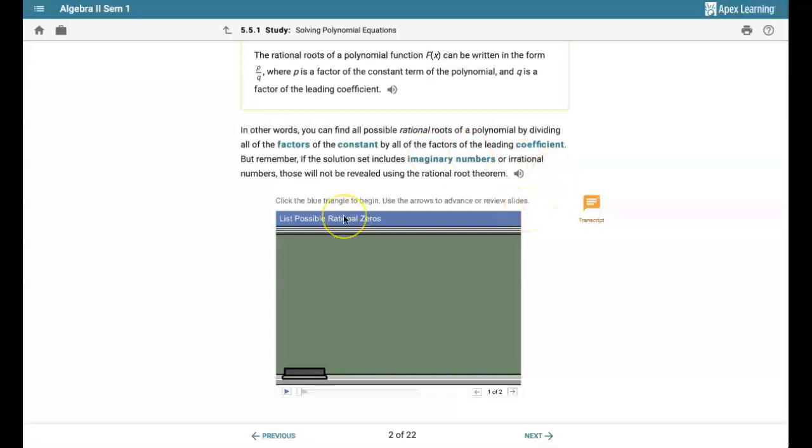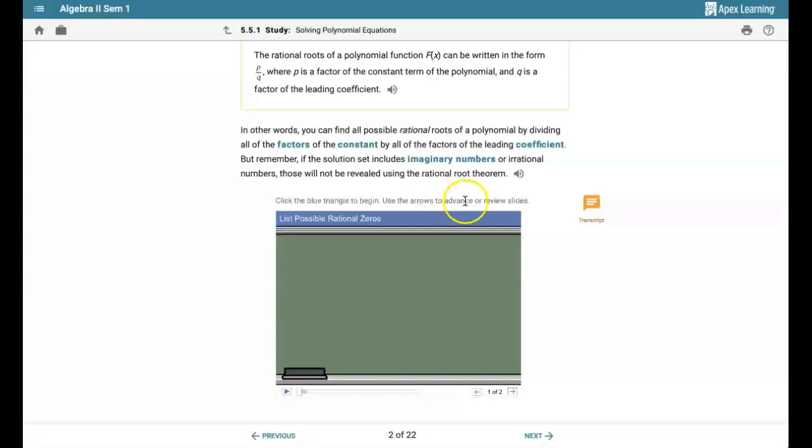Remember though, we can have 3 roots. If our highest degree is 3, then that means we're going to have 3 roots, and that includes real and imaginary roots.